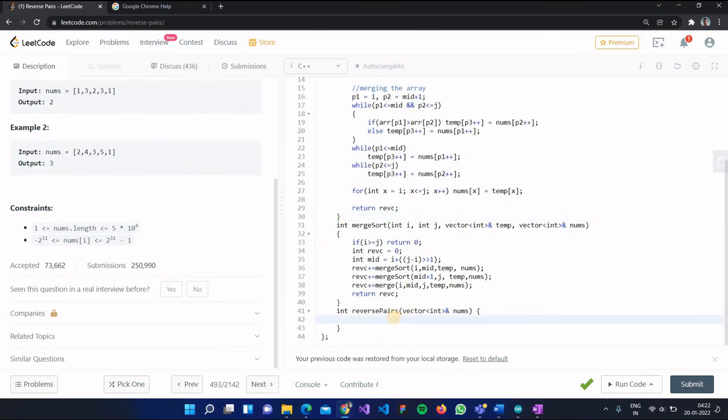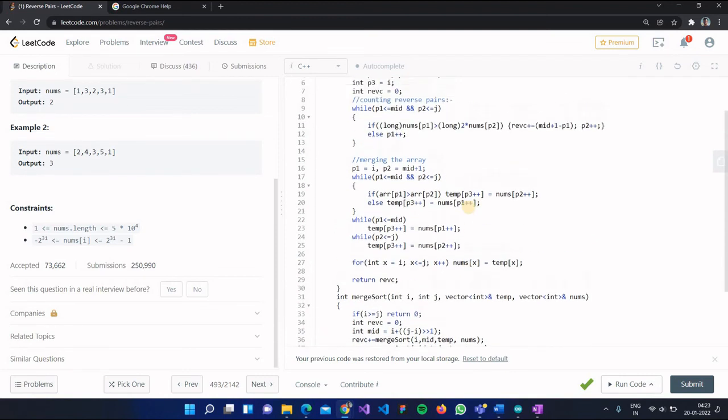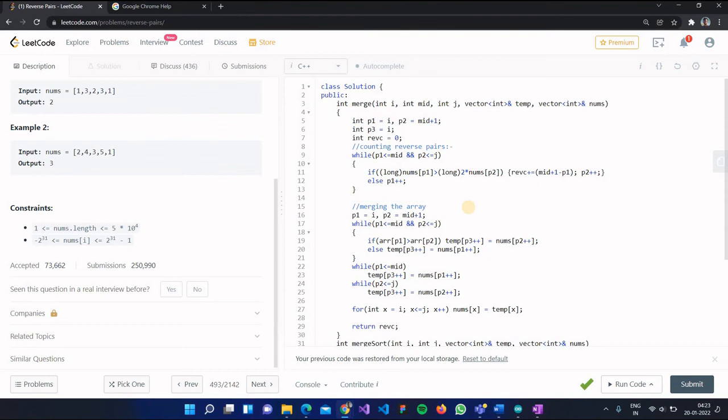So now writing the main function that had been given to us, we are basically going to return this. First of all, we'll have to make this temp array, right? We're going to be passing the reference to the temp array so that our space is saved. So we're going to be defining it as the same size of nums, because in that case we won't have to deal with a lot of index playing.